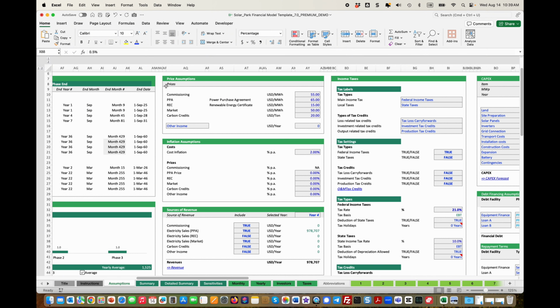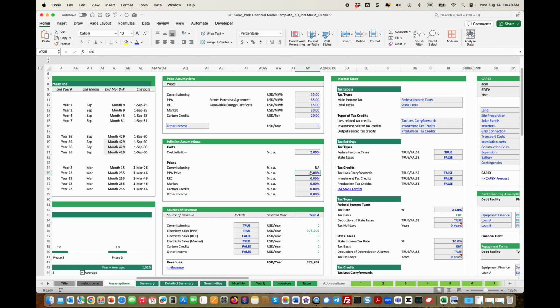Then, as said, we have worked through all the different sources of revenue, so we have to set the prices for the electricity sold under which pricing scheme. The other question is inflation. We have maybe a cost inflation we have to take into account, meaning that our operating costs will go up year by year by a certain percentage to account for inflation.